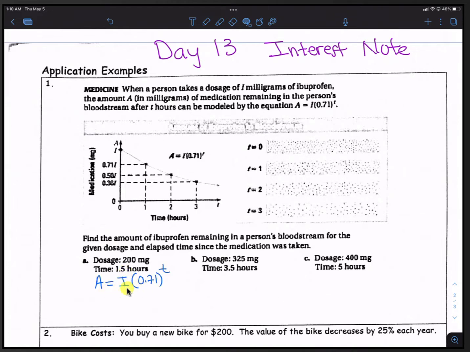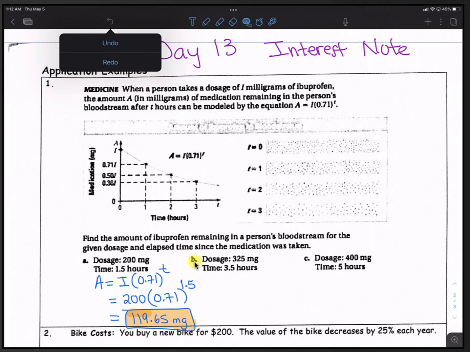So we start with the equation A equals I times 0.71 raised to the power of T. And again, I is going to be that initial amount, so that's going to be the 200. 0.71 represents the 71% that's left after each hour, and the T is the number of hours, so we're going to substitute 1.5 for T. All right, and then we just put all of this in our calculator, and we get our amount. That's 119.65 milligrams. That's how much ibuprofen is left in the bloodstream after 1.5 hours.